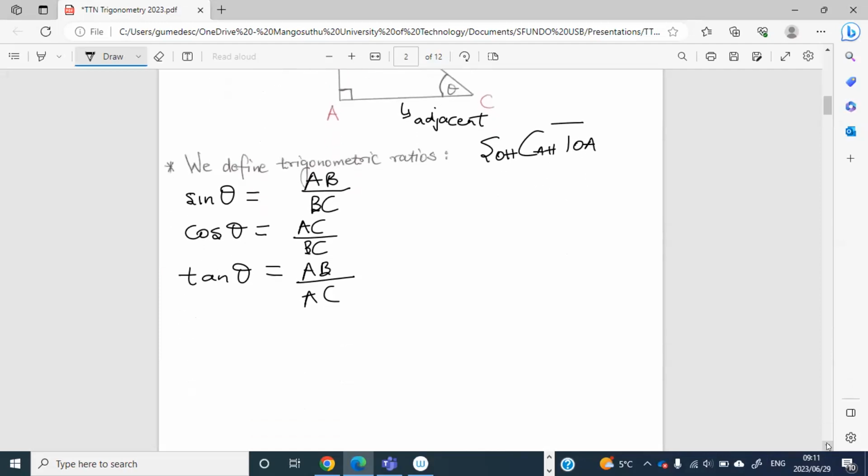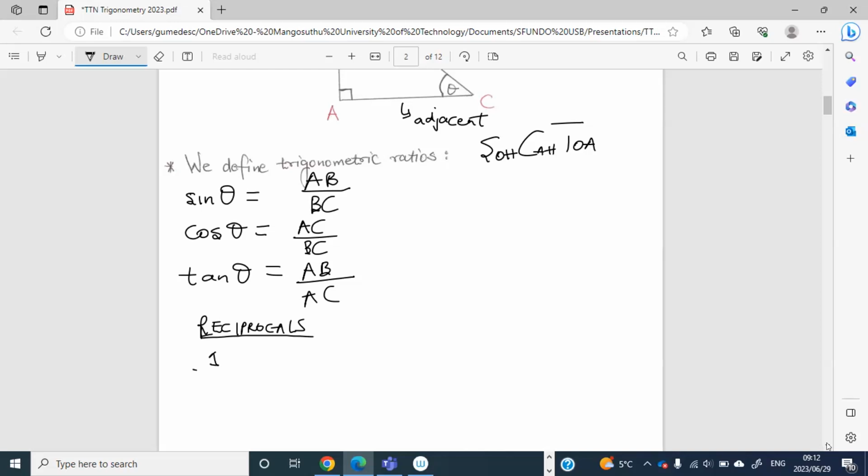Another thing that I wanted to talk about is what is called the reciprocals of these. These are three basics, and they've got what is called reciprocal ratios. Each ratio has its corresponding reciprocal. When you say reciprocal, it means it's a ratio such that it's 1 over this.